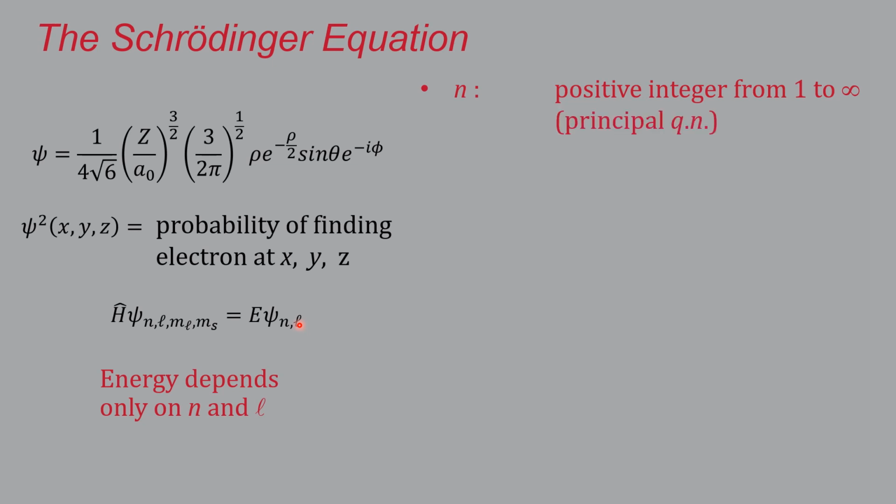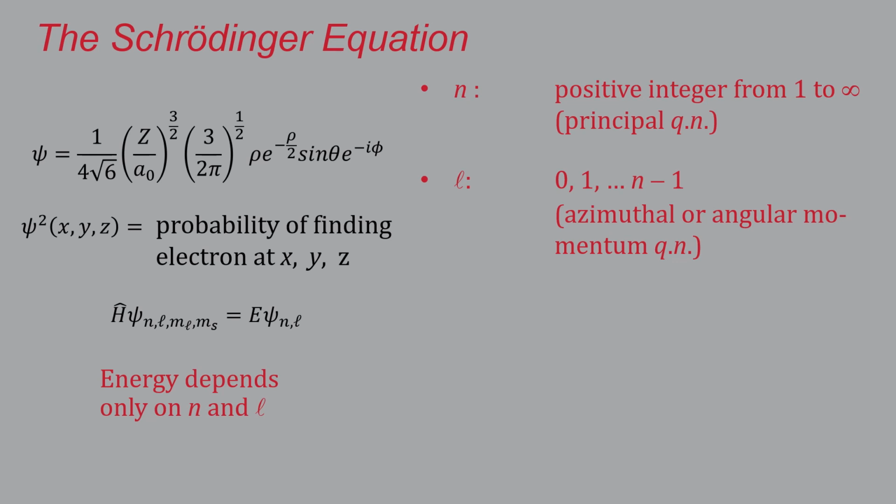n is often referred to as the principal quantum number. The next one is L. Allowed values of L are any integer from 0 all the way up to n minus 1. So the possible values of L depend on where you started with n. This is often referred to as the angular momentum quantum number or the azimuthal quantum number.